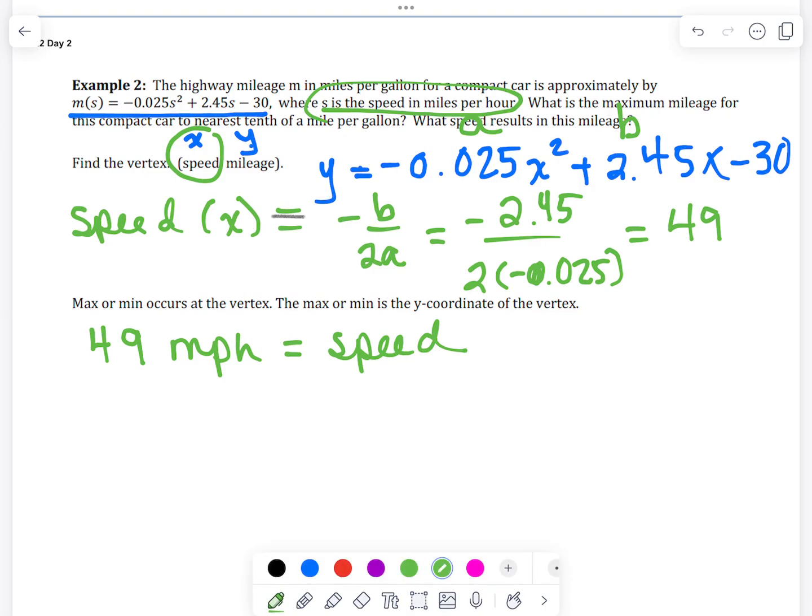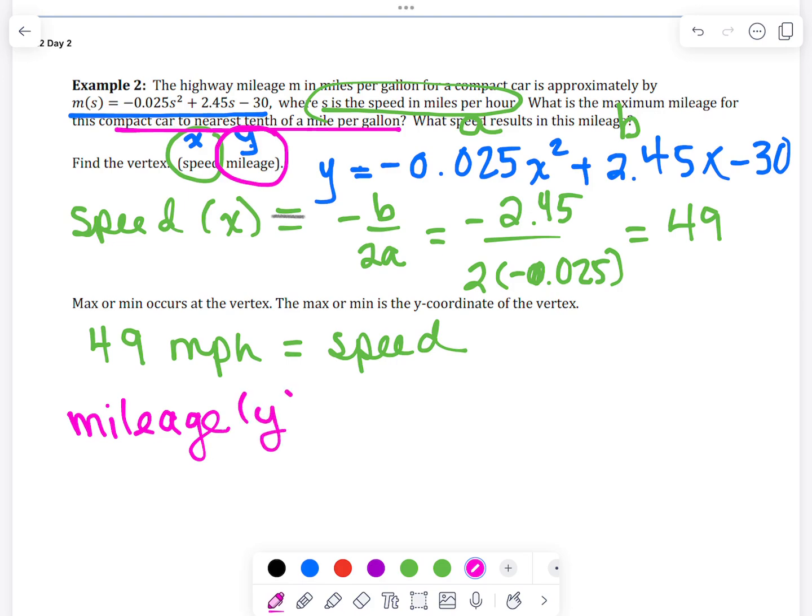The second thing it asks for is the mileage. And the mileage is going to be miles per gallon. And we want to round it to the nearest tenth. So that is going to be the y coordinate of the vertex. So to find the y coordinate, we evaluate the function for the axis of symmetry value. So we say f of, and we substitute 49 into the function.